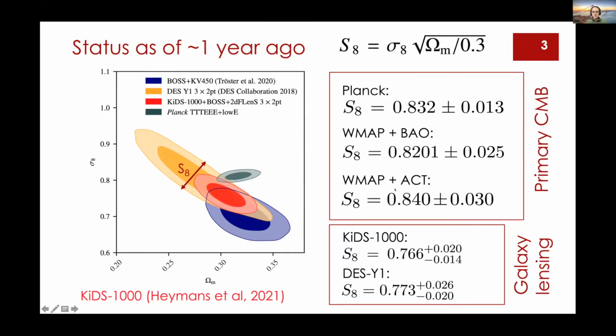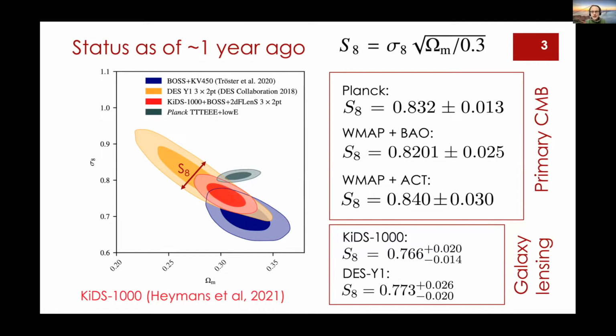If you take WMAP plus ACT for the small scales, again you get something very consistent. So I'm confident calling it the CMB result, rather than just Planck. And you see it's in about 3 sigma tension with the lower redshift results from galaxy lensing, which are at low redshift but consistently low and very consistent with each other.